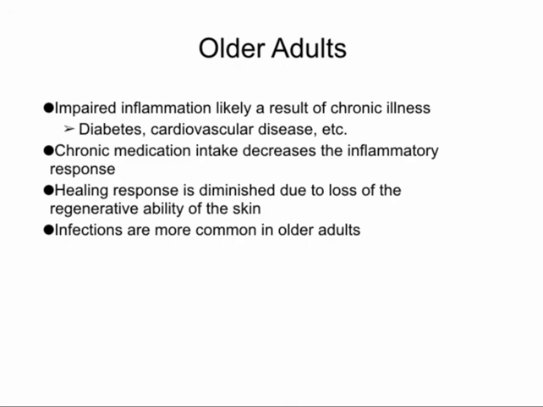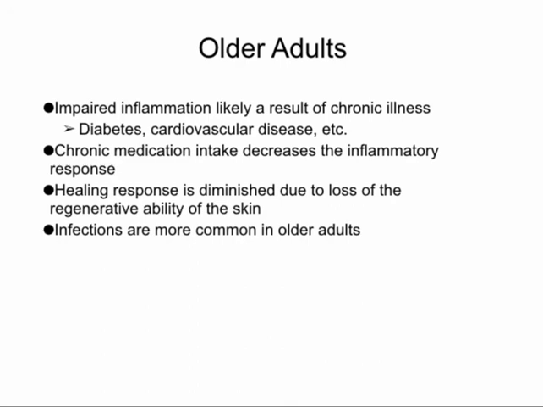So obviously, too, inflammatory responses are very, very linked with chronic illness. Things like diabetes, cardiovascular disease. Inflammation has a very significant impact on all of this. So as we move through different disease states, really try to think about that too. But once again, in the older adult, these are things that contribute too. So their inflammatory response can be affected by chronic disease states.